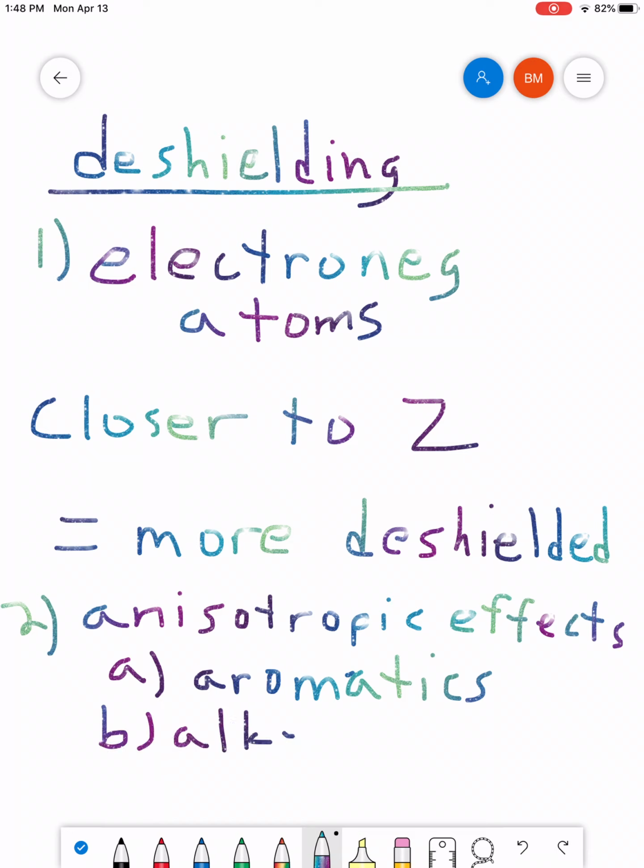You also see this with alkenes, and you also see this with carbonyls. So three of the major groups will serve to cause de-shielding and cause the signal to appear further downfield.